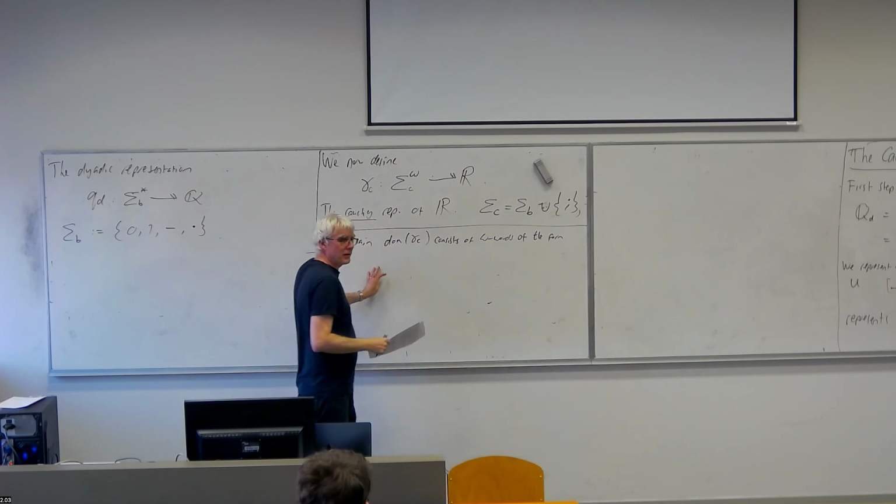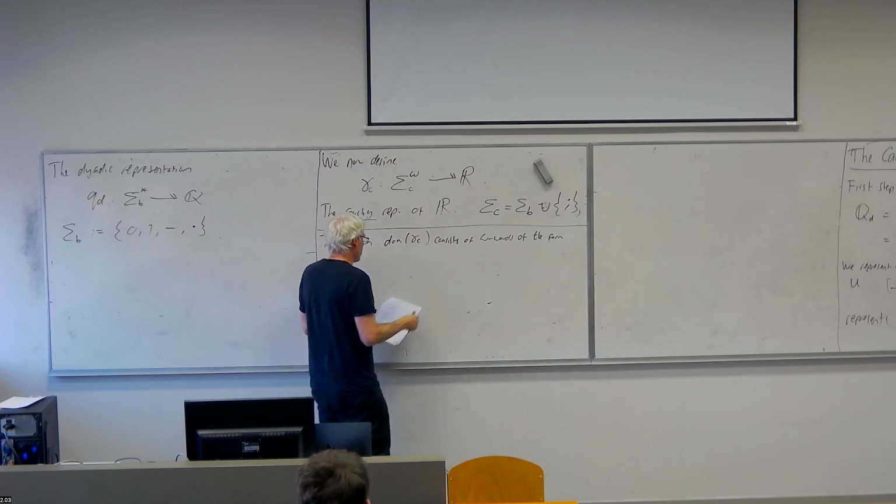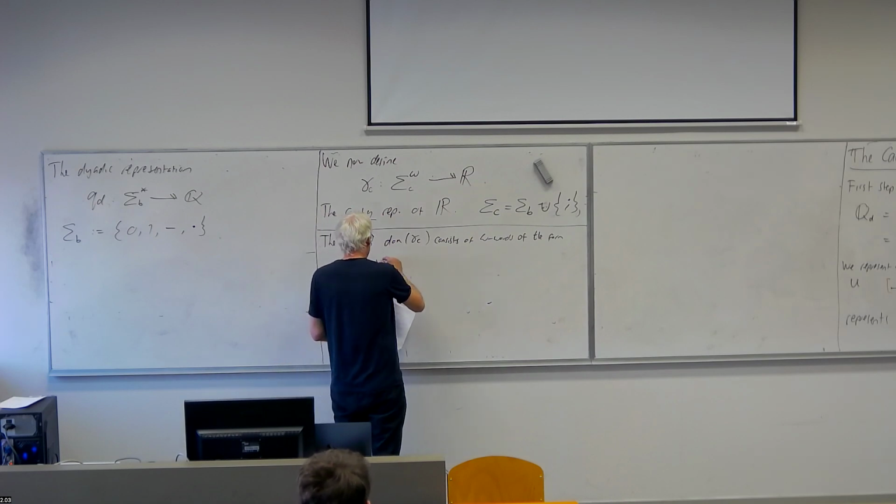The point is we want a name to be a Cauchy sequence of dyadic rationals. So we require it to look like a sequence of dyadic rationals.